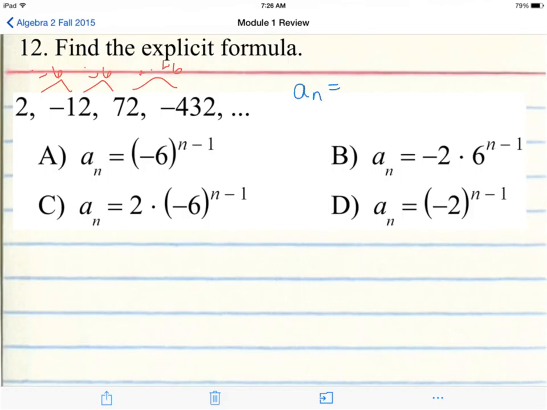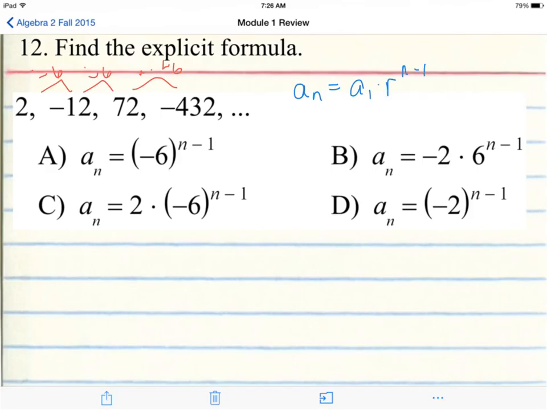So I have a_n, which just stands for any term, or indicates that we have a formula that's generalized. And we have a_1, the number we're starting with, times r to the n minus 1.